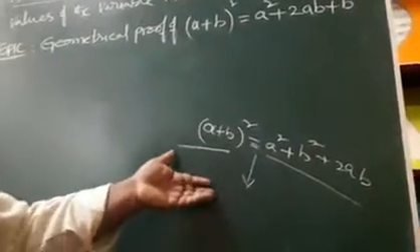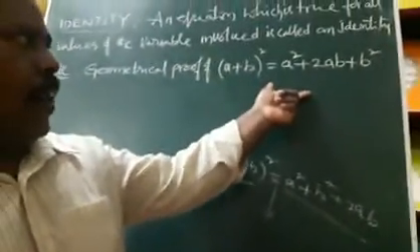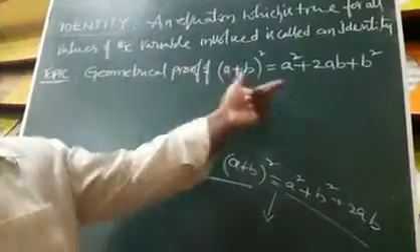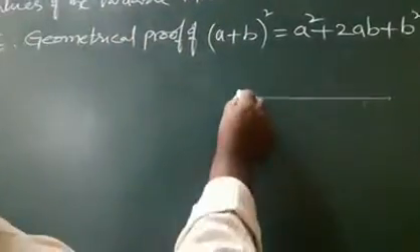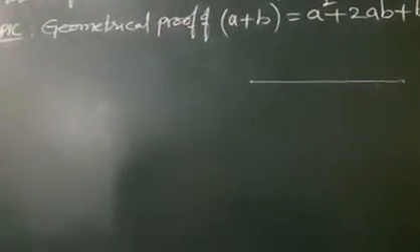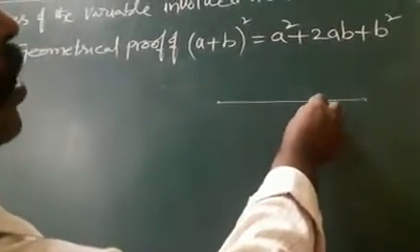Now we are going to discuss the geometrical proof of (a plus b) whole square is equal to a square plus 2ab plus b square. Take a line and take an arbitrary point.